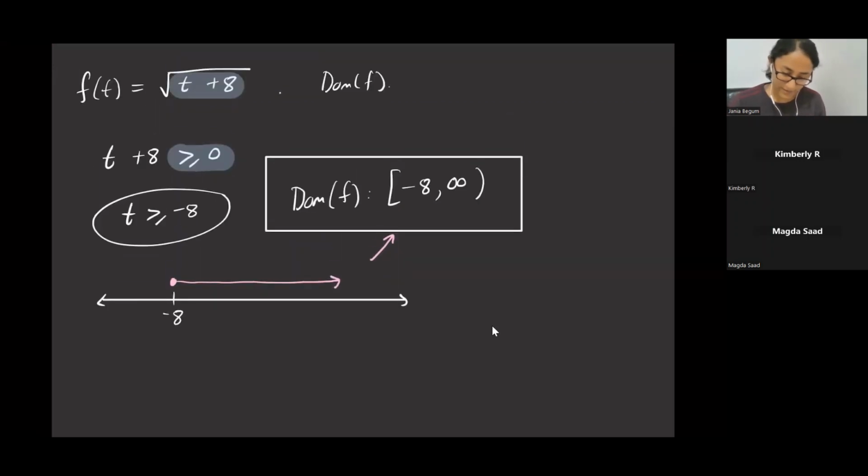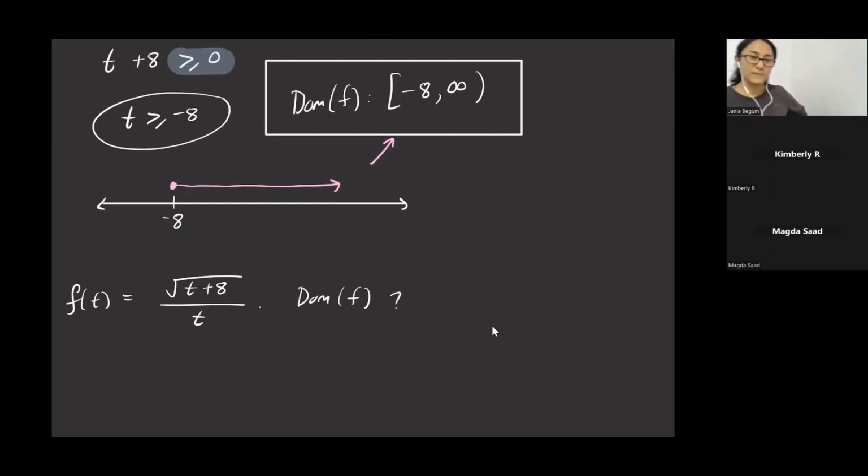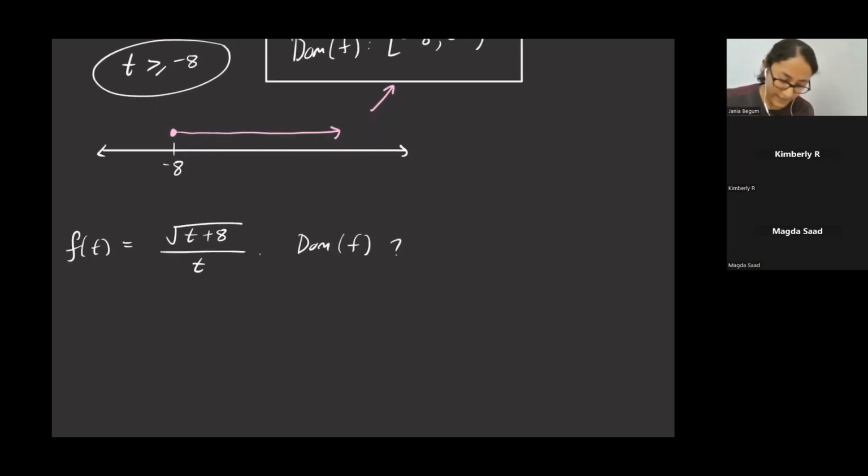So I'm going to modify this question a little bit. Take the same function and do this: the square root of t plus 8, divided by t. What will be the domain of f? Again, you do the same thing, right?